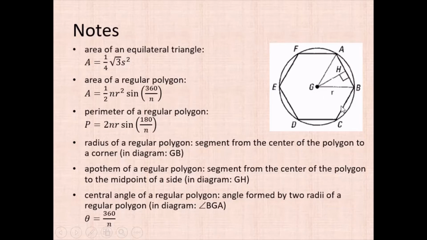The central angle was at the center of the circle. Well, same thing here. The central angle is at the center of the circle that can be formed going around the polygon, but it's specifically, in this case, being formed by the 2 radii of the polygon. The formula for that is theta equals 360 over n.